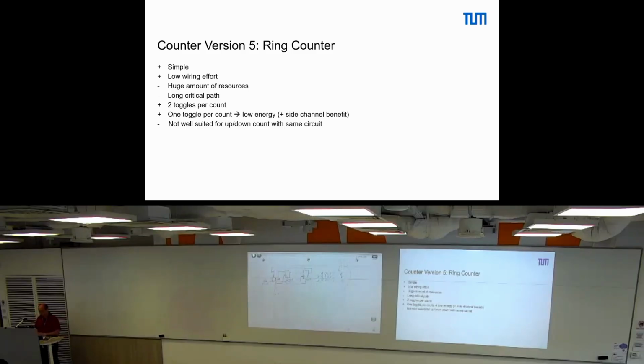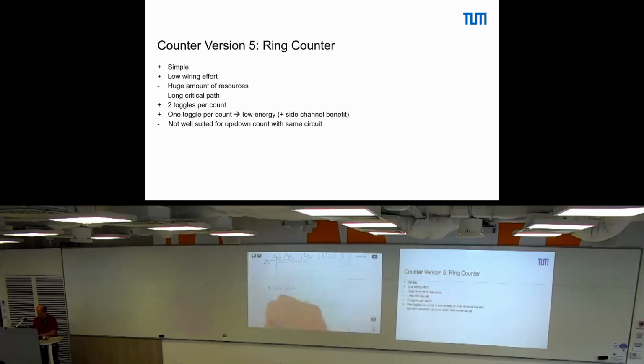Another method to count is a Johnson counter. This was the ring counter, and this here is now the Johnson counter. It is again similar to what we had for the ring counter. The only difference is that in the feedback we put an inverter, and our initialization is always a reset.